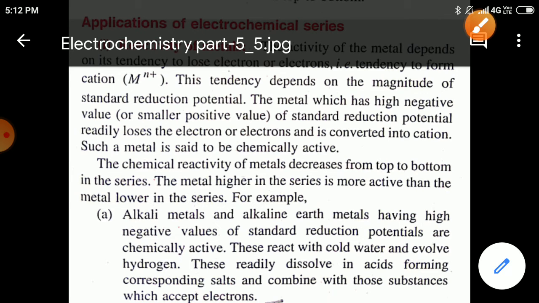The chemical reactivity of metals decreases from top to bottom in the series. The metal higher in the series is more active as compared to the metal lower in the series. So we may apply the series with respect to reactivity.